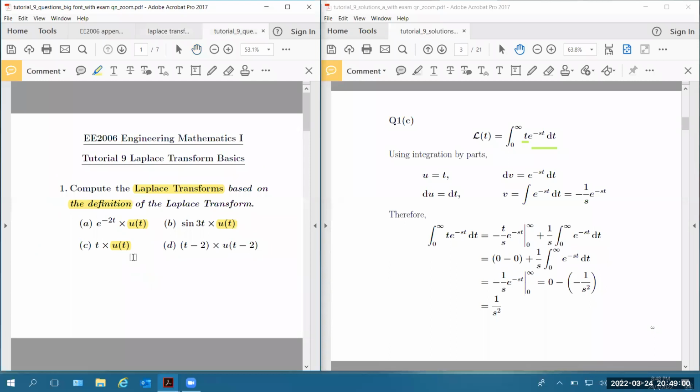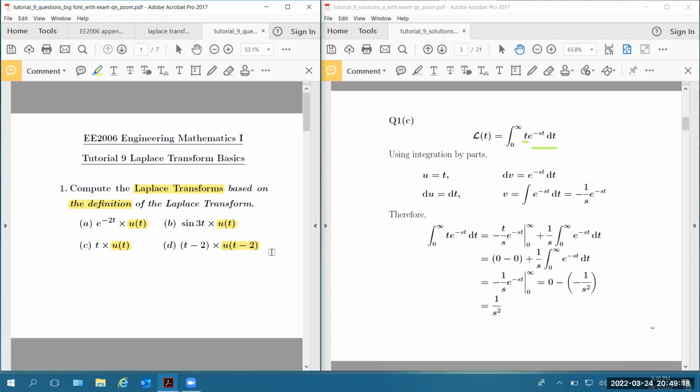Okay, part D. Now, part D is a little bit different. You realize that this is t minus 2 times u(t minus 2). You see, all this is u(t), right? But this one is u(t minus 2). So what is the value when t is from 0 to infinity?